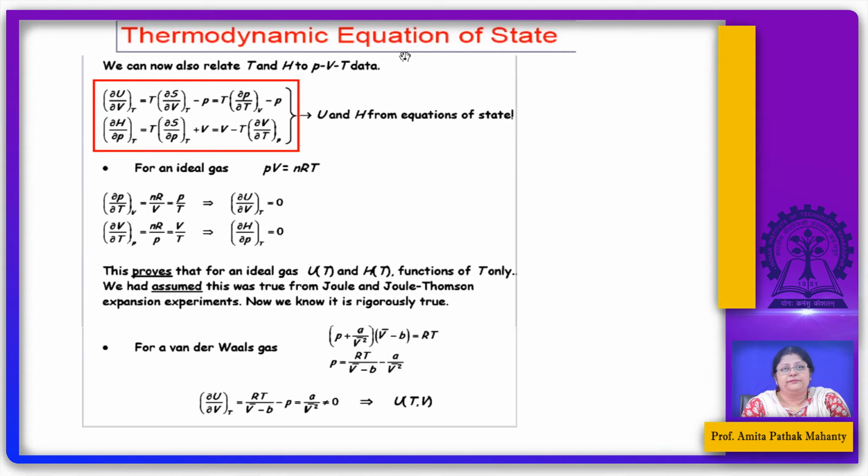Two equations of state we have found, both in terms of the thermodynamic potentials, one is U, one is H. The other expression is T delta S by dP at constant temperature plus V. Now we replace delta S by delta P using the Maxwell's relation, and you can write it in terms of volume with respect to temperature at constant pressure.